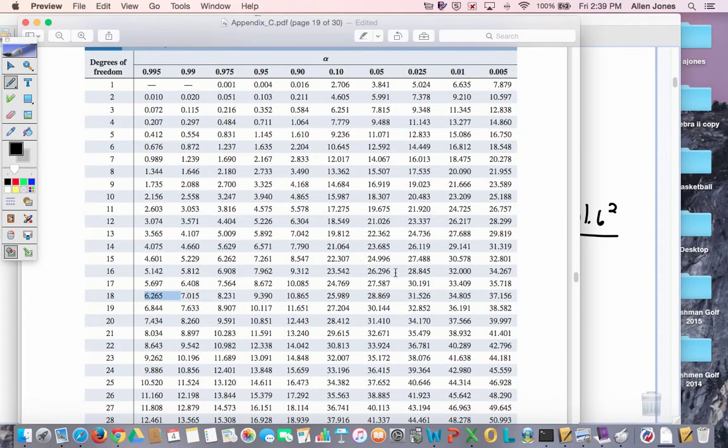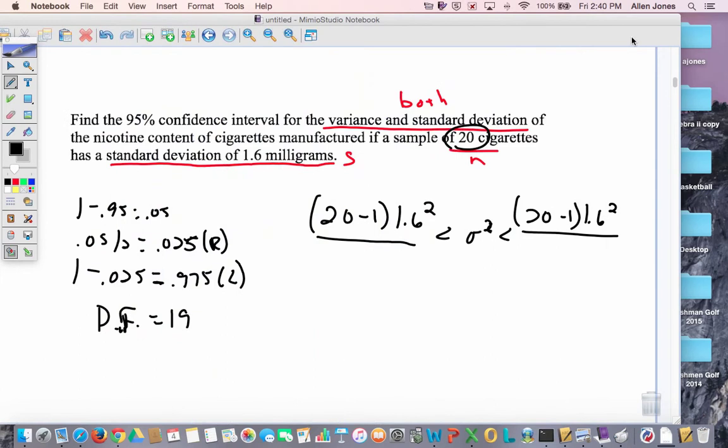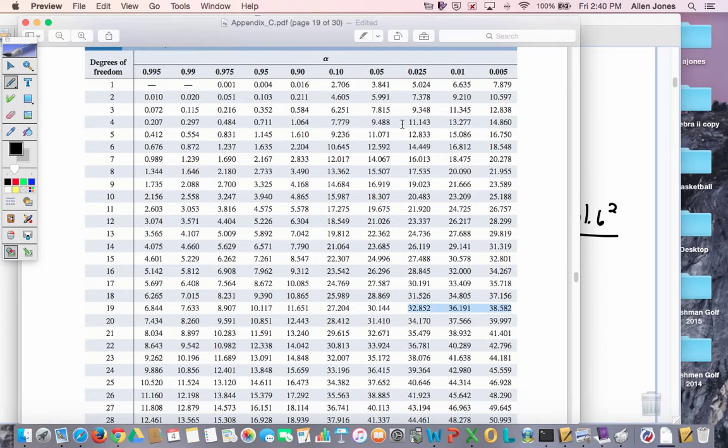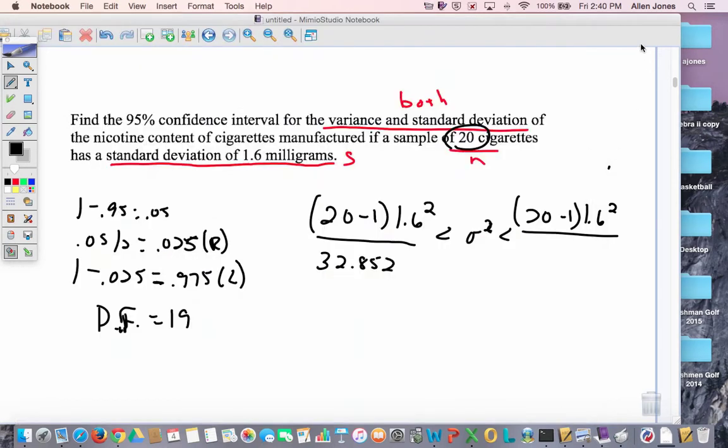We'll go to our table, 19, we use 0.025 first, so 0.025 down to 19, and I get 32.852. That number will go in here. We'll go back to our table, 19 and 0.975 gets me 8.907. 8.907 is the number that goes here, and we'll make our calculation.